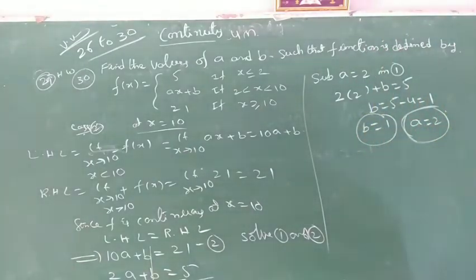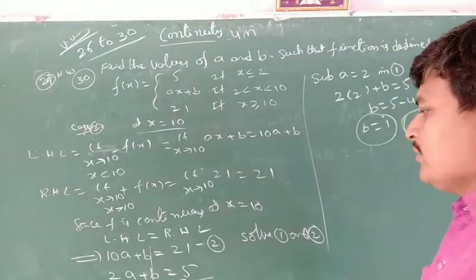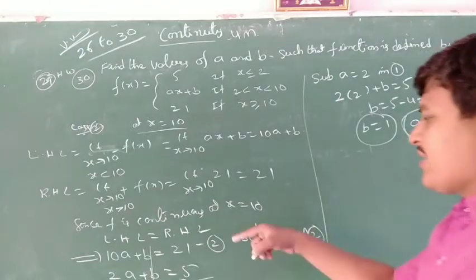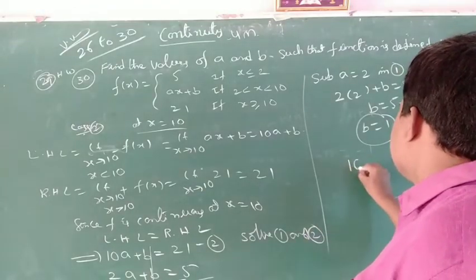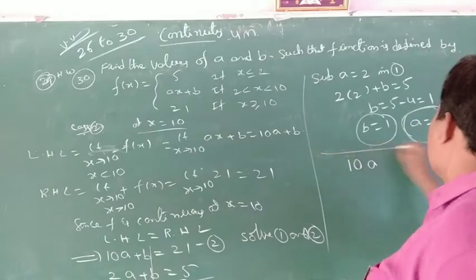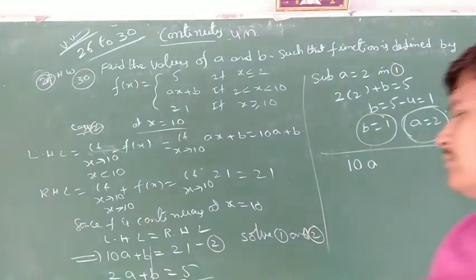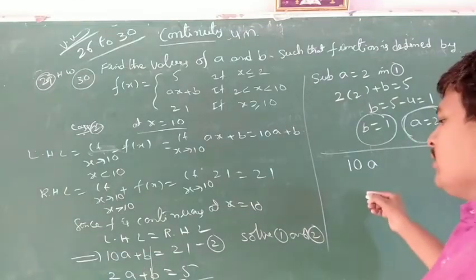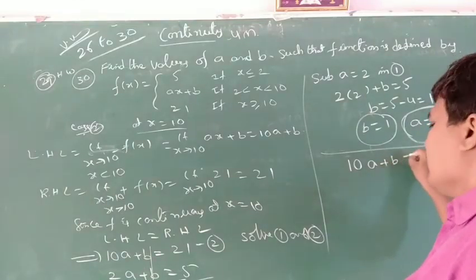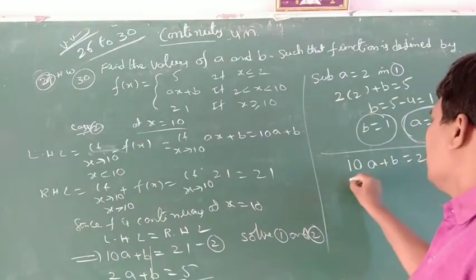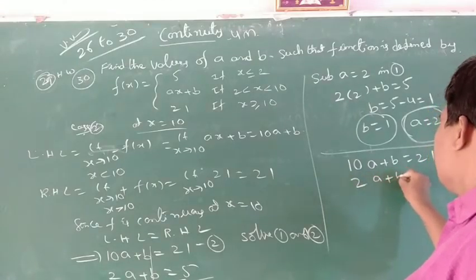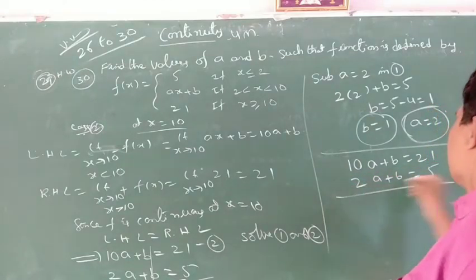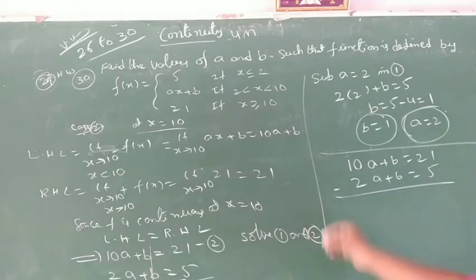Once again, I will explain the subtraction of the two equations. How to solve equations 1 and 2? 10a plus b is equal to 21, and 2a plus b is equal to 5. Subtract 1 minus 2.